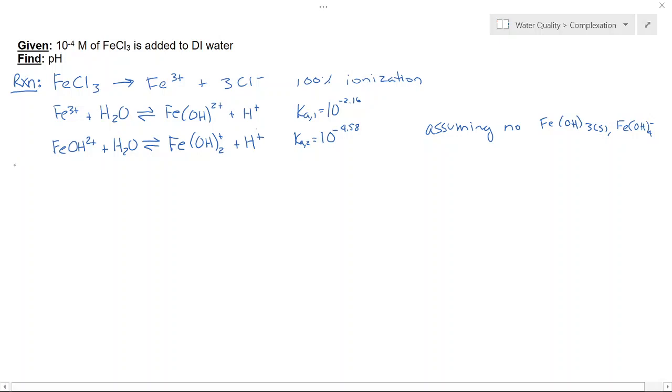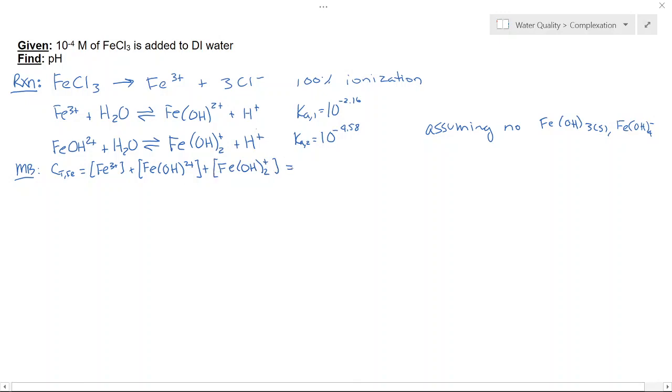So the next step, I'm going to write the mass balance equation, which is the CTFE, where we account for all of the iron species that are dissolved in the solution. So we have free ferric ion, and then we have the FeOH2 plus, and we're looking at the concentration of that, and then the FeOH2 plus.